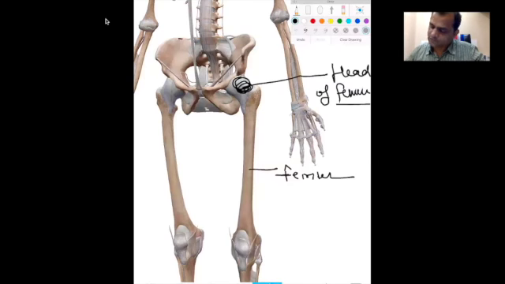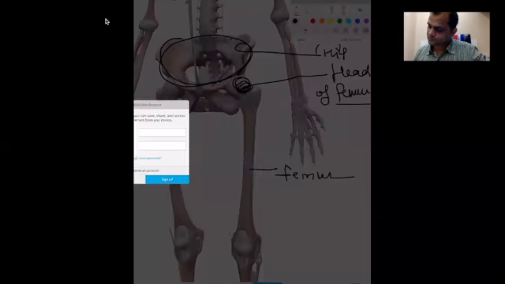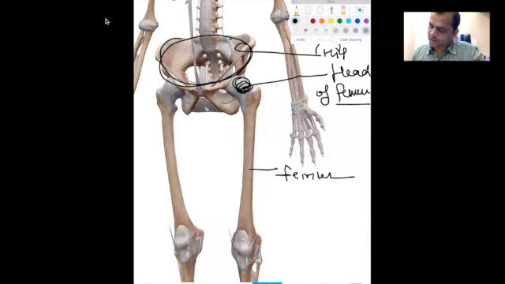And this, we can see, is the hip bone. The bigger one is the hip bone. The femur and hip bone together make one joint here. So this is the joint where the head of the femur attaches with the hip bone.